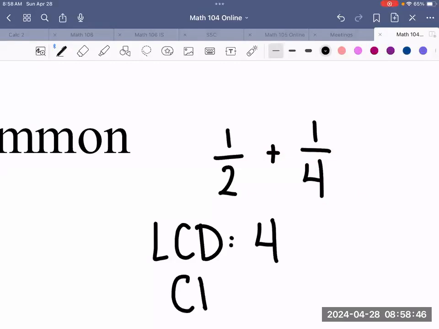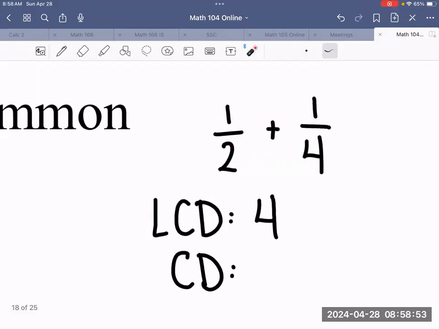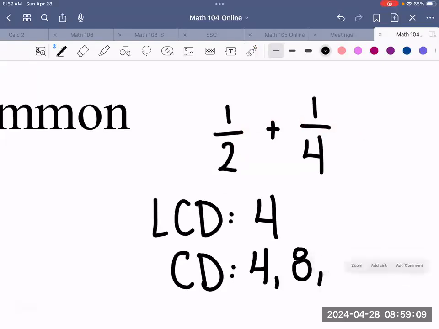Other common denominators: 4 can't easily be changed into 2, so instead 2 has to raise up to 4. But think about what else a 4 and a 2 can become. They can both be made into 8s: 4 times 2 is 8, 2 times 4 is 8. 2 times 6 is 12, 4 times 3 is 12. 4 times 4 is 16, 2 times 8 is 16.